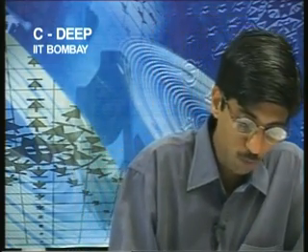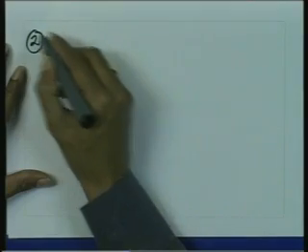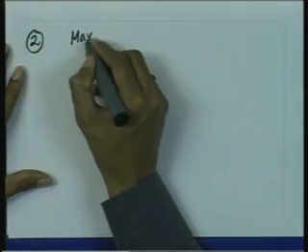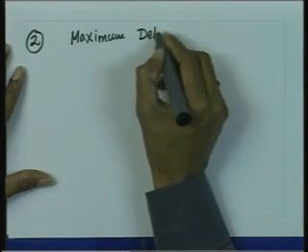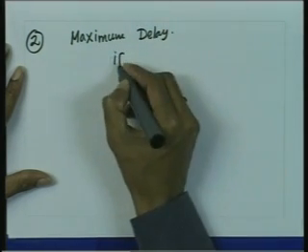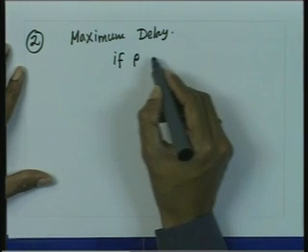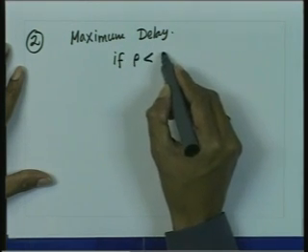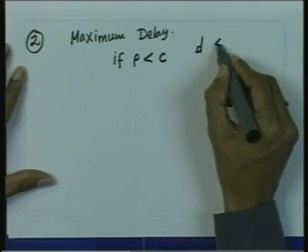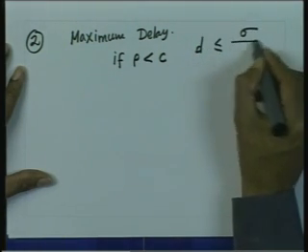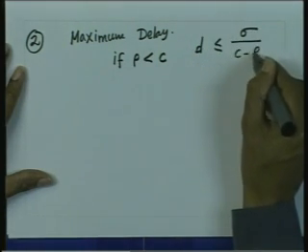We want to prove the result for the maximum delay, that if rho is less than c, then the delay d is less than or equal to sigma upon c minus rho.